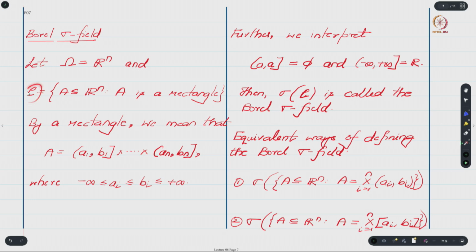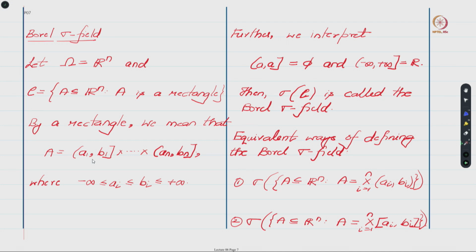The collection C consists of all those subsets A of R^n such that A is a rectangle. By a rectangle we mean that the set A has a Cartesian product of the following form: you have an interval which is open at one end and closed at the other end, and you have the Cartesian product of intervals of this form.